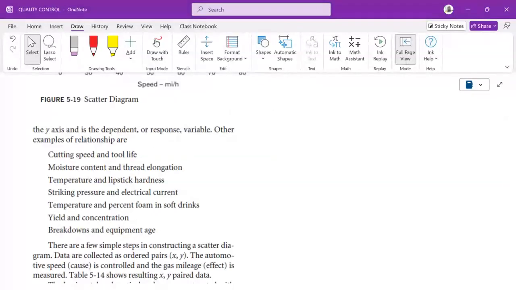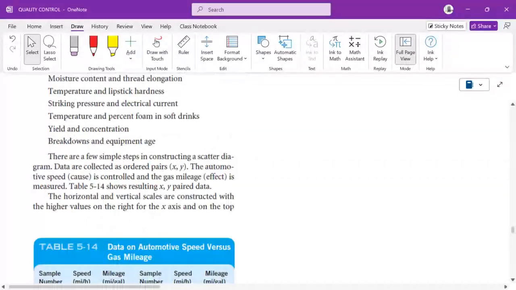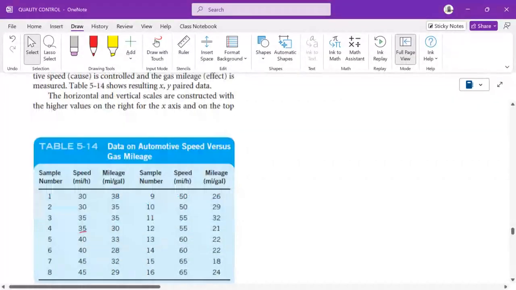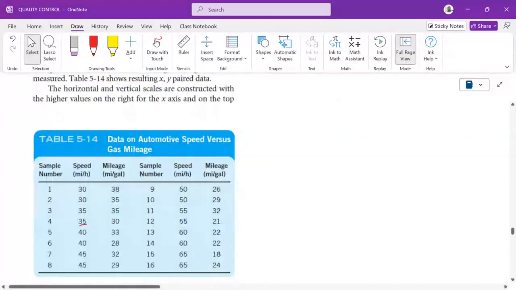Okay, there are a few simple steps in constructing a scatter diagram. And then there is your table, and we have the speed, which is x, and then this as your mileage.